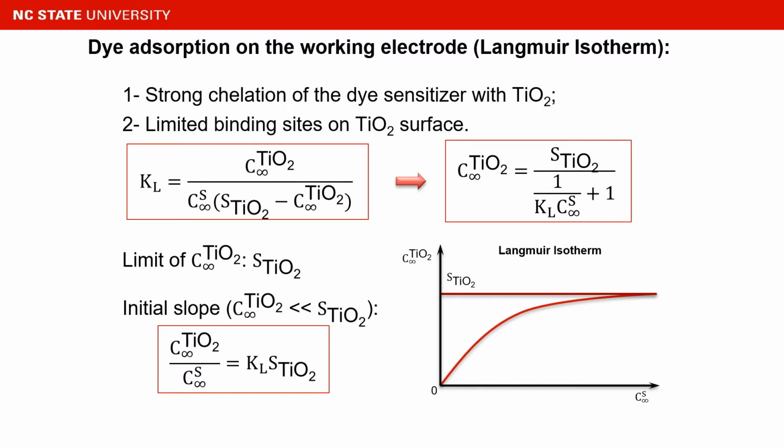As the concentration C∞TiO2 is limited compared with the dye sites of titanium oxide, the relation becomes C∞TiO2 divided by CS∞ equals KL S TiO2. By drawing the relation between C∞TiO2 versus CS∞, we can find the initial slope, which equals KL S TiO2.